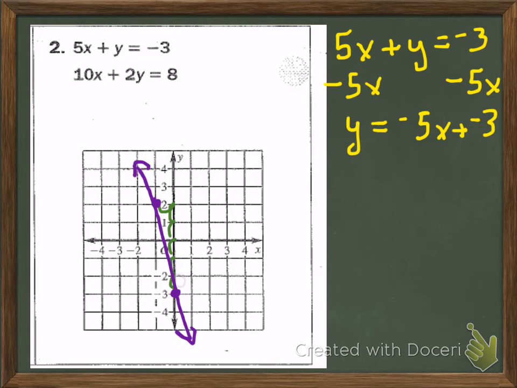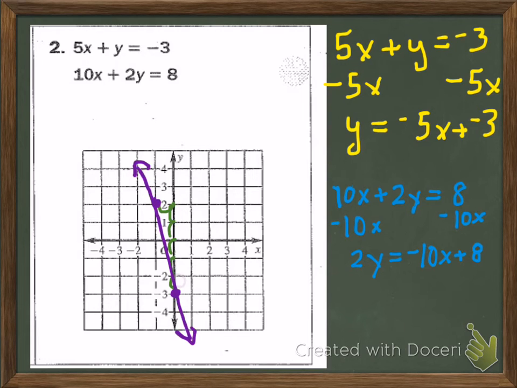Now I need to put the other equation into slope-intercept form. Subtract 10x from both sides. You end up with 2y is equal to negative 10x plus 8.